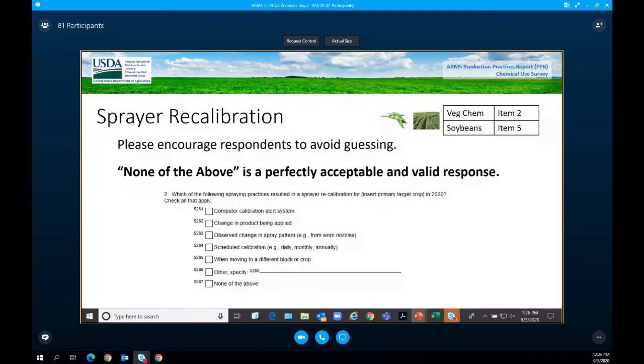But this really is sort of like, okay, when you recalibrate, is it because you have a computer alert system that tells you your settings have shifted? Or maybe you recalibrate based on a change in a product, so you have a different setup for fungicides versus herbicides on the same sprayer. Or you might just visually observe things like the spray pattern is off, this boom is clearly putting out more water, and there's a nozzle worn out.